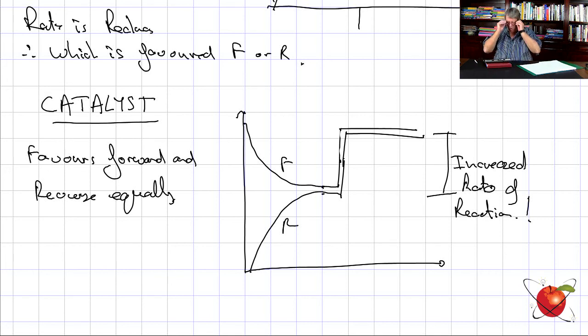Thus, on the graphs, we look and see if it's a rate. We know that increasing pressure, concentration, or temperature, forget catalyst, those three will increase the rate. So immediately you know the rate is going to be higher. The next step is to say, did it favor forward or reverse?